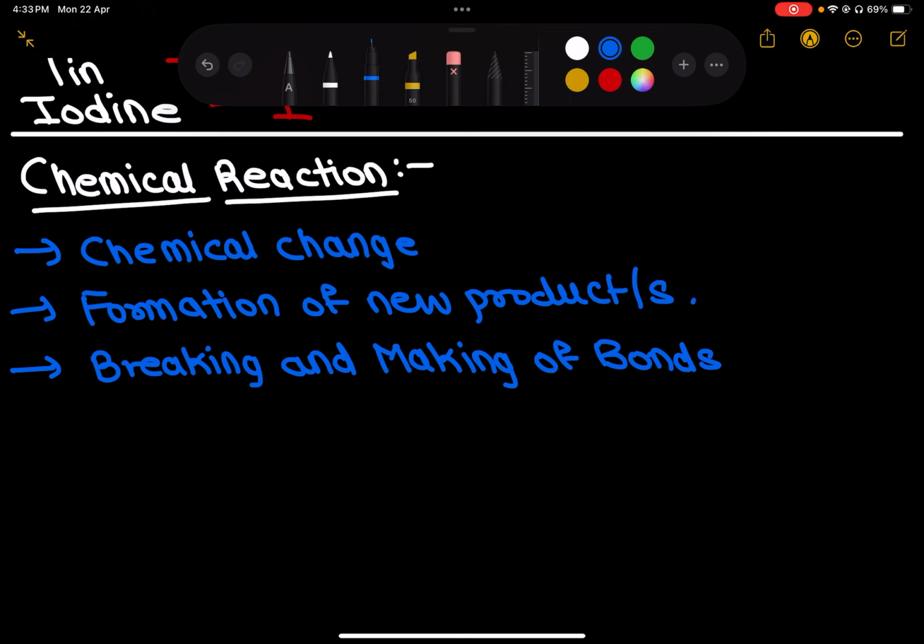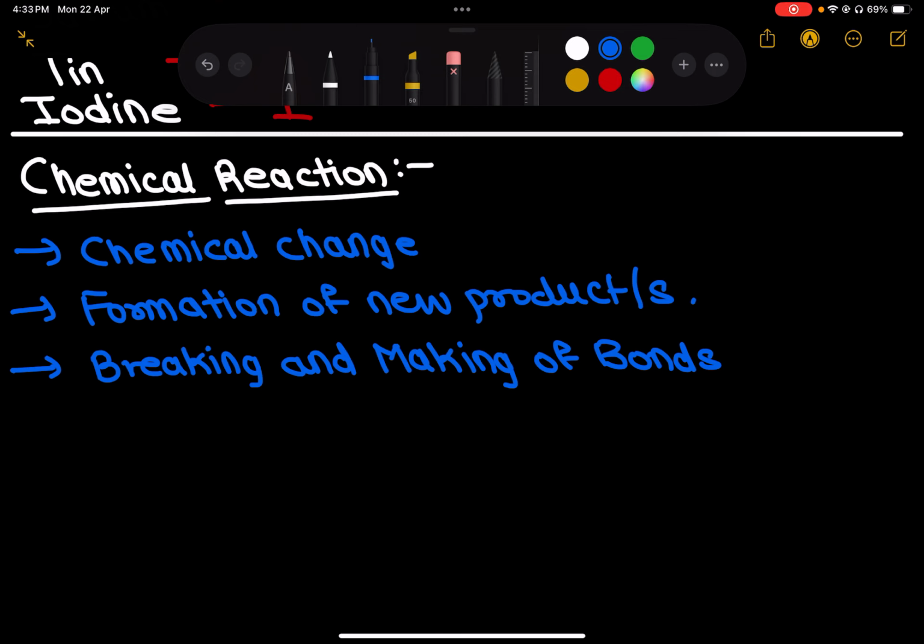Now, when some catalyst or heat or something is applied, or basically when the chemical reaction takes place, the atoms rearrange themselves in a different structure, and they form a new substance, which is known as the product. So bonds between the atoms are broken and then they are made again to form new products. So, breaking and making of bonds.